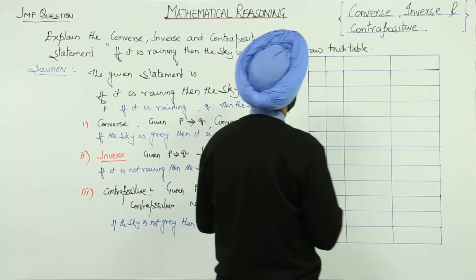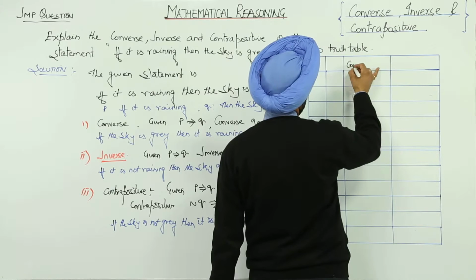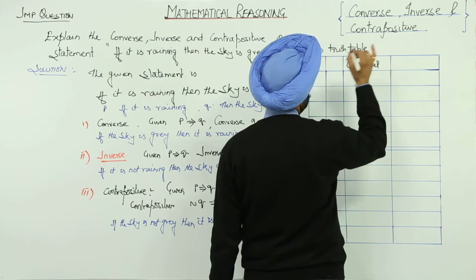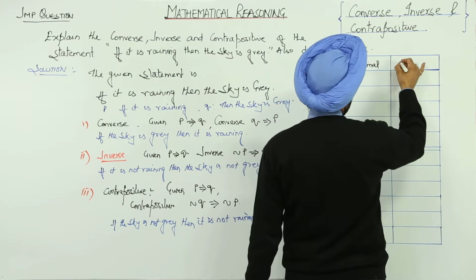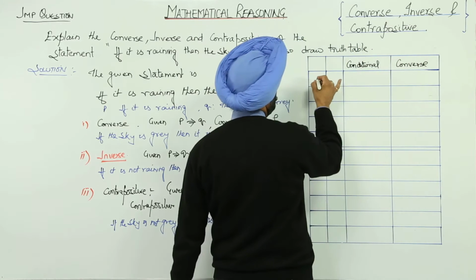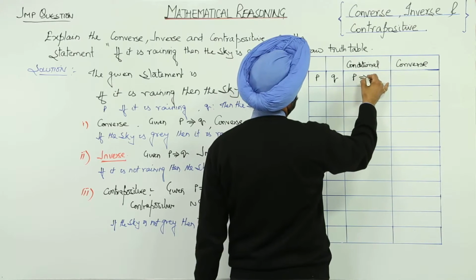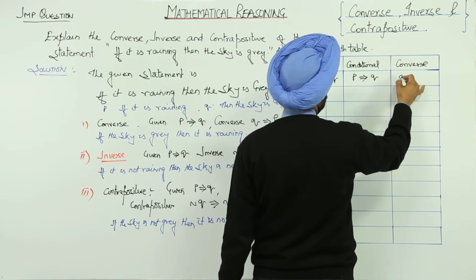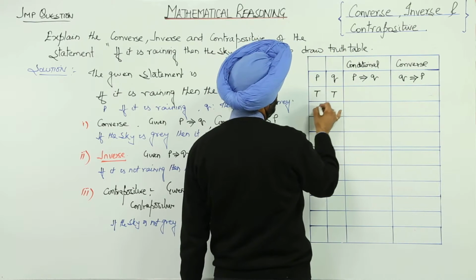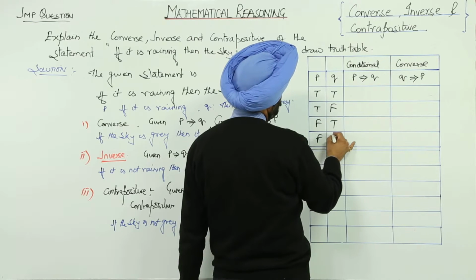Now let us go for the truth table. Now conditional, converse. Now P, Q, P implies Q, Q implies P. False and false.